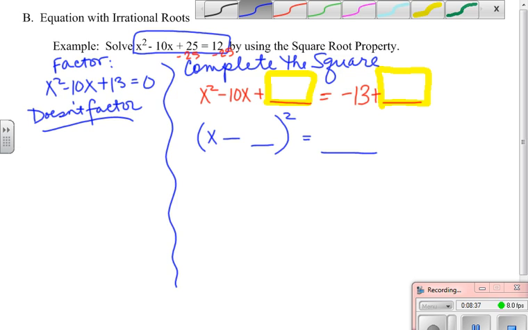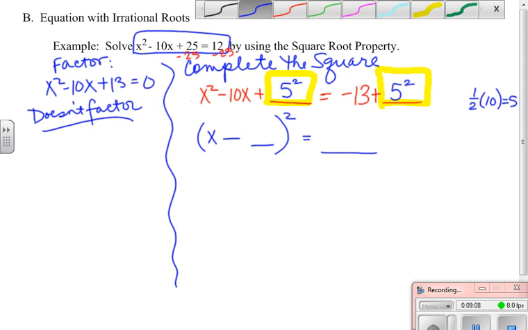And the way I do this, and I will go ahead and write all of these steps down for you in a minute, is I'm going to take 1/2 of that middle number, so 1/2 of b, so 1/2 of 10 is 5, and I'm going to square it and add it to both sides, because what you do to one side, you have to do to the other.